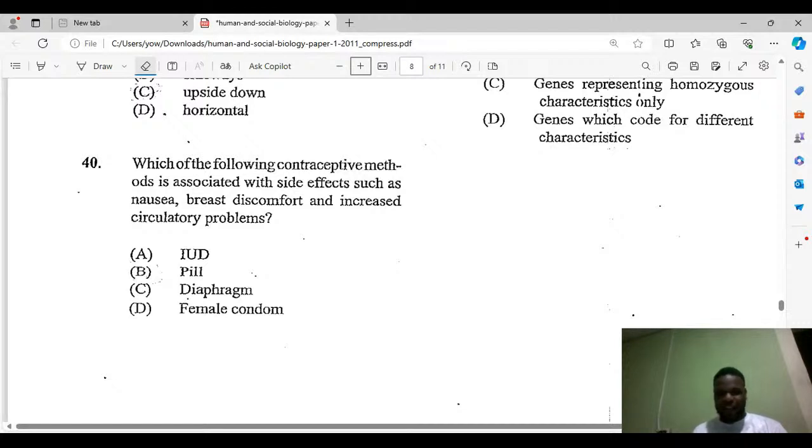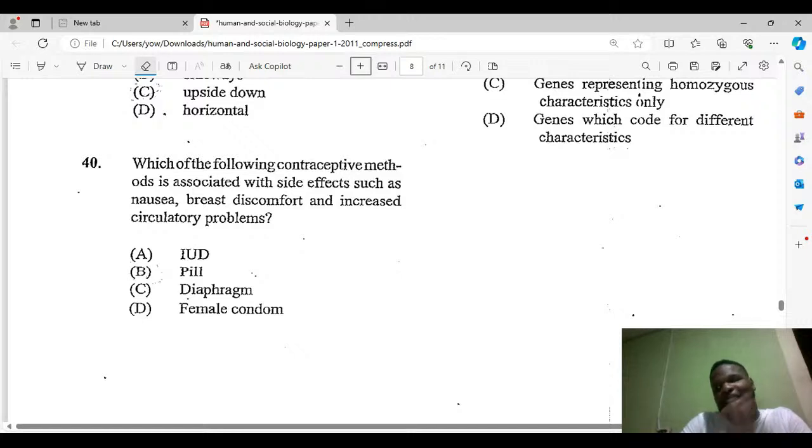The IUD can't be it. IUD doesn't really have side effects. It doesn't have much side effect. An IUD is a device that is put in the uterus. It can be there for 3 to 10 years, depending upon the type.